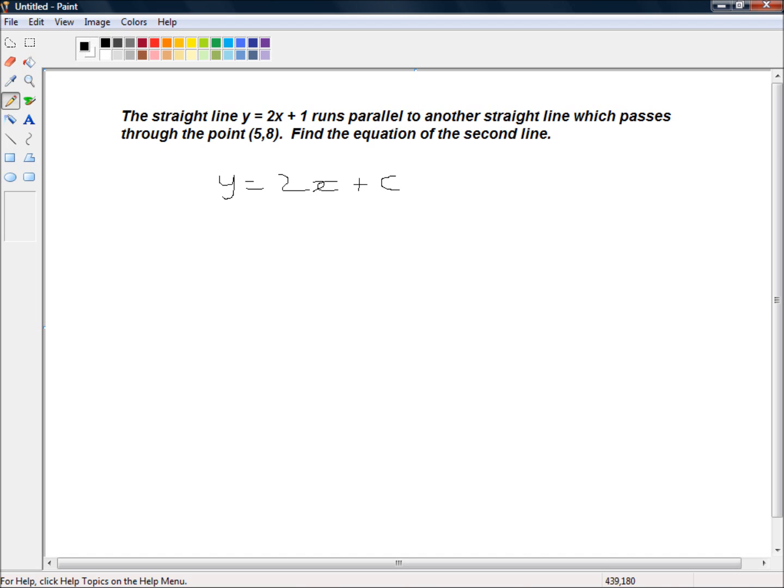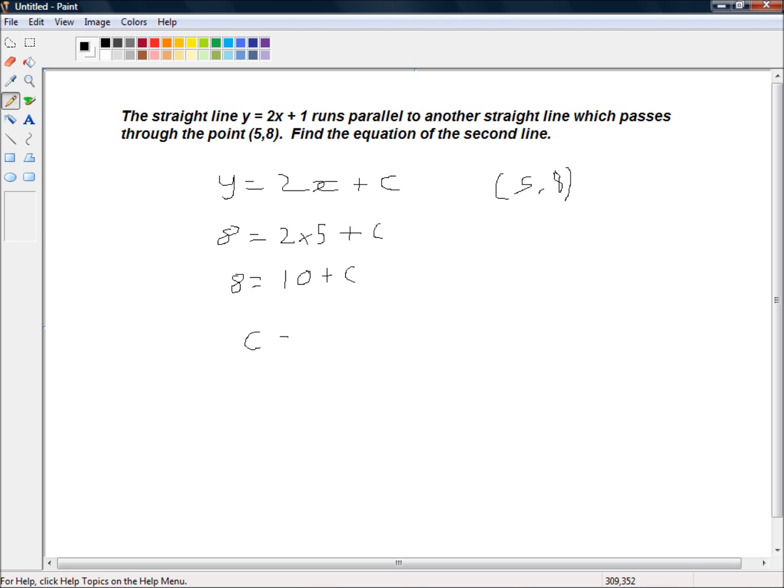Now we know that this line passes through the point 5, 8. So we can substitute this information in: when x equals 5, y equals 8. So 8 is equal to 2 times 5 plus c. So 8 is equal to 10 plus c.